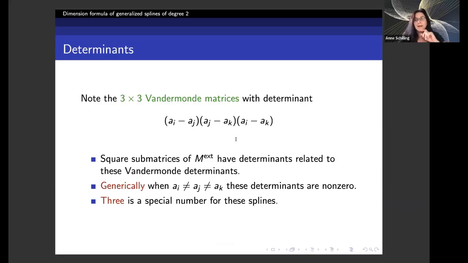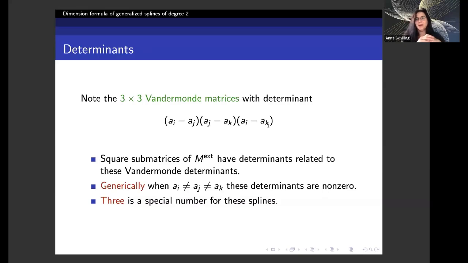And one thing you should also notice is, in the 3 by 3 case, this determinant would be non-zero if these labels are all distinct. So if A_i is different from A_j, and A_j is different from A_k, and A_i is different from A_k, then these differences are non-zero, so the determinant is non-zero.